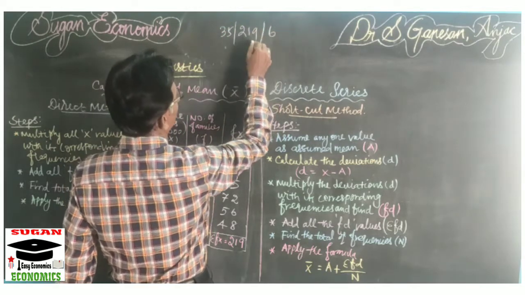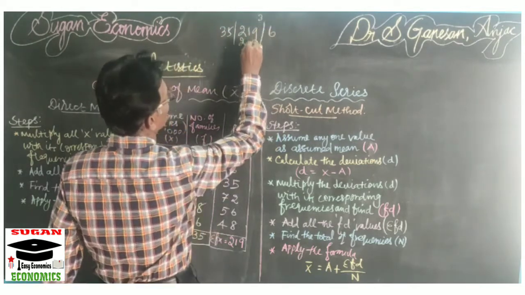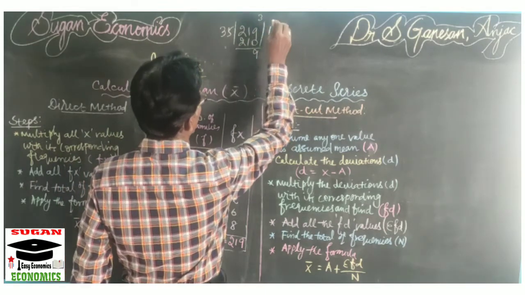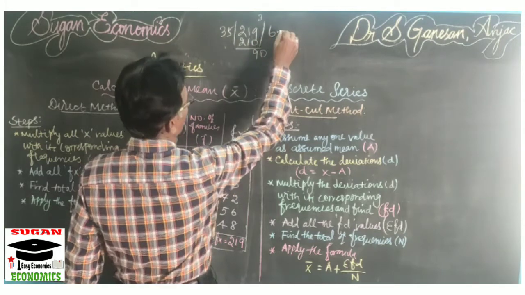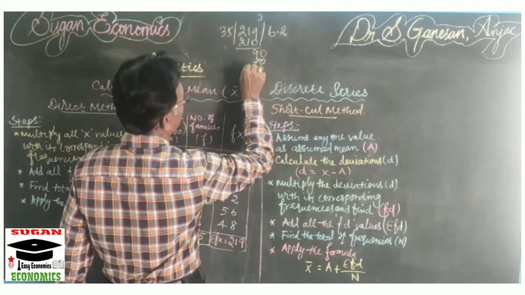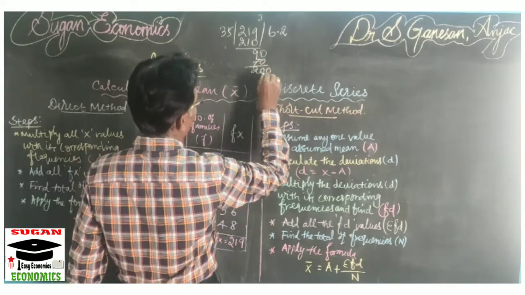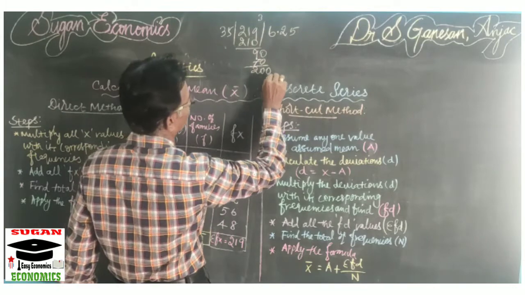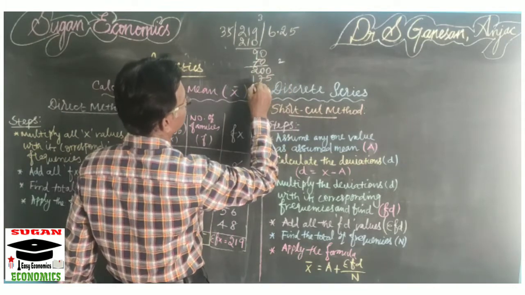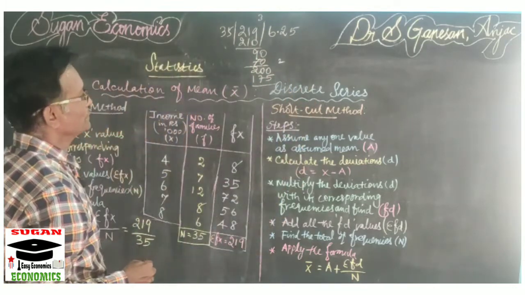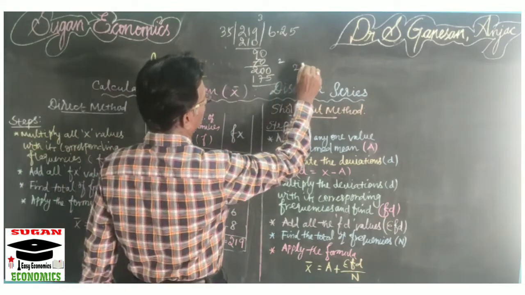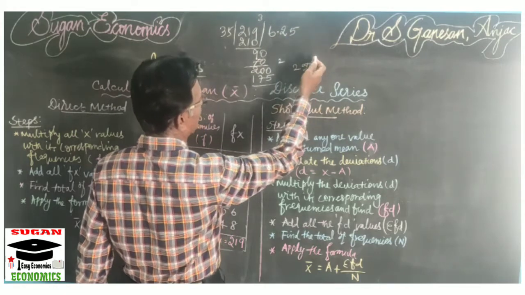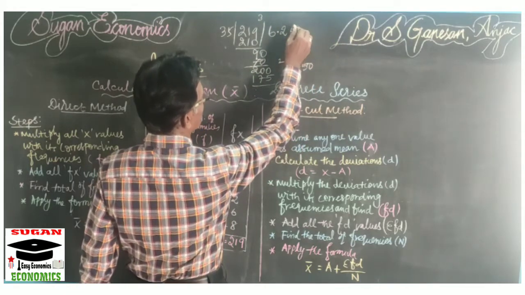So 6, 210, the remaining 9, you put a decimal point, now you put 0, and so on. The third decimal value is greater than 5, so you make it 6.